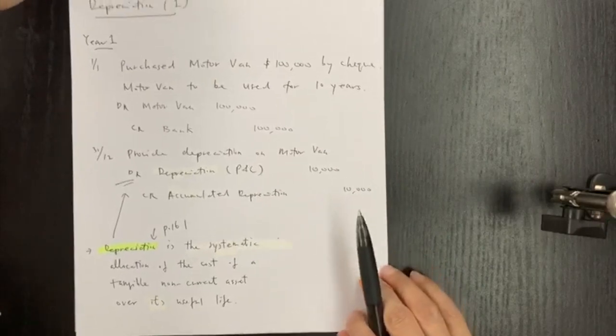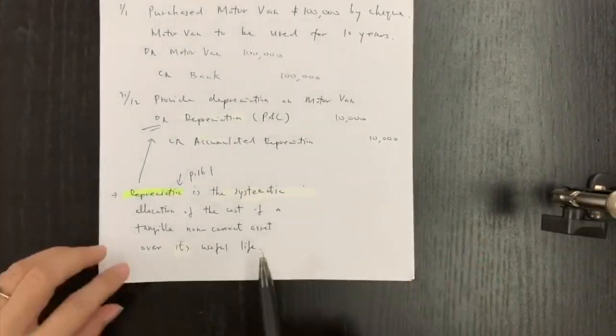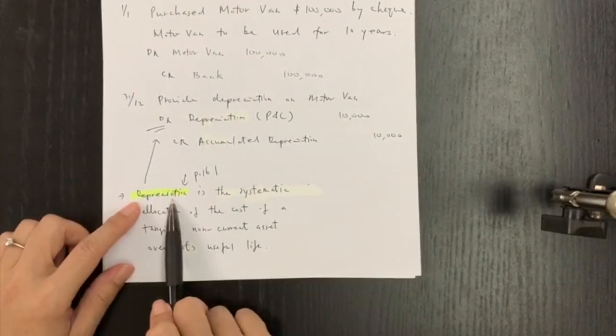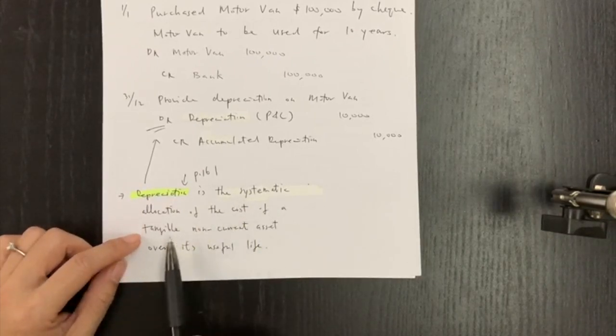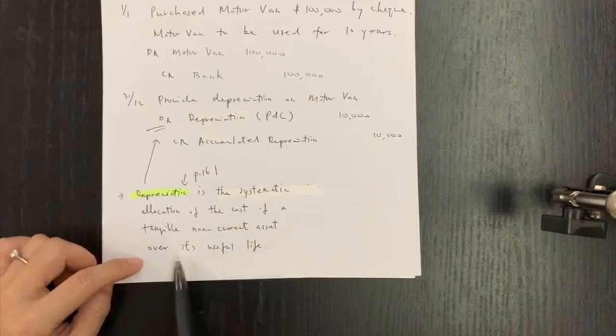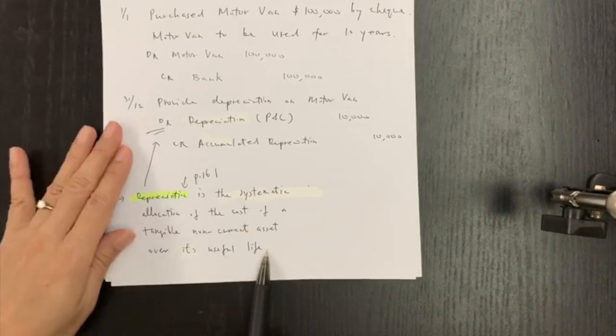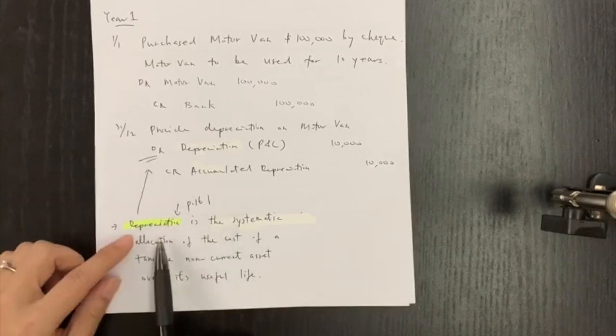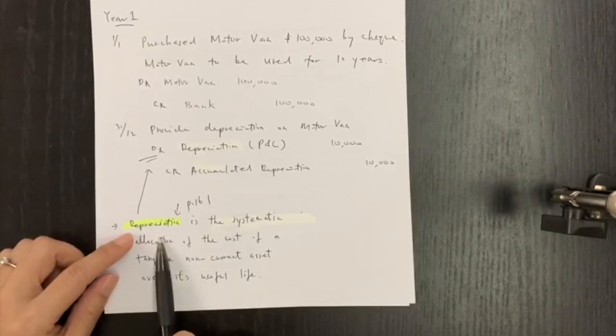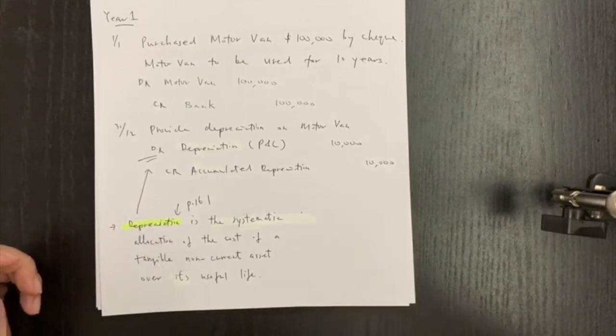Okay, so therefore, what is the definition of depreciation? So you go back to the first page. We have depreciation, which is a systematic allocation of the cost of a tangible non-current asset over its useful life. If you refer to your textbook on page 61, you will have the meaning of depreciation, which is also parts of the cost of non-current assets being consumed.